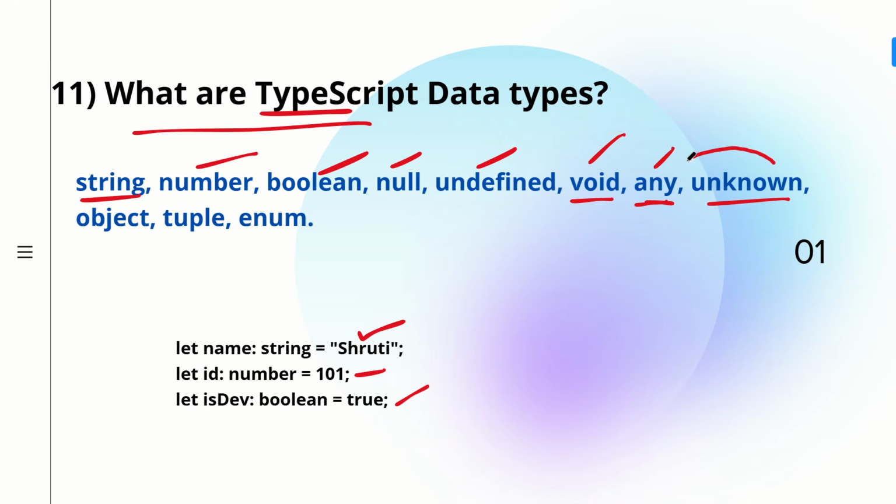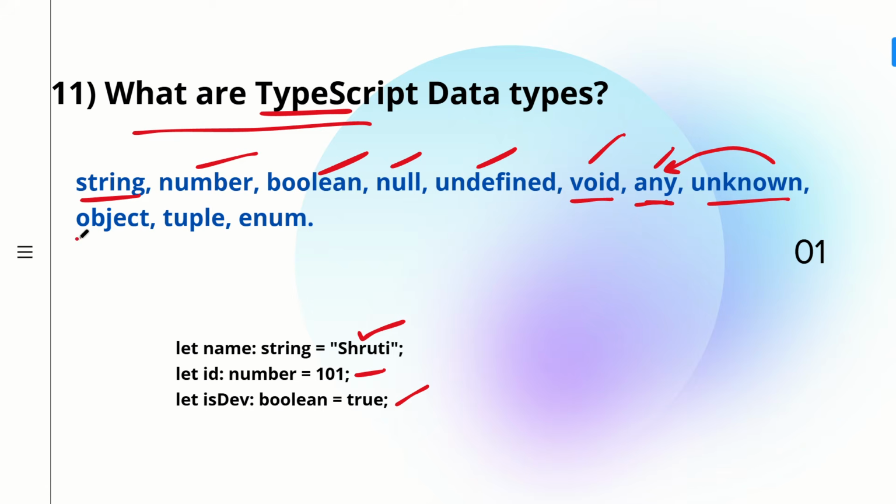With any, you can assign any value to it and it becomes similar to JavaScript, but unknown is safer than any, because you must check its type before using it. So we use unknown when you don't know the value type yet, but still you want to use TypeScript safety.